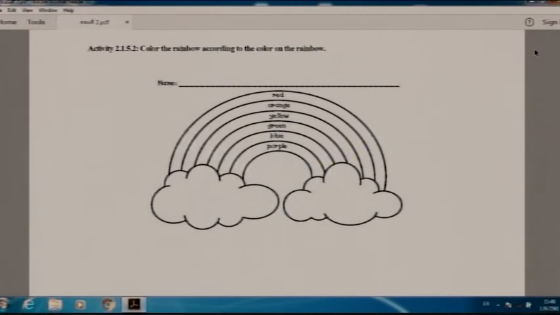Yes. So this afternoon, let's remind ourselves what we've talked about. We've talked about adjectives that describe quality of things, quality of people. We have talked about adjectives that describe size.